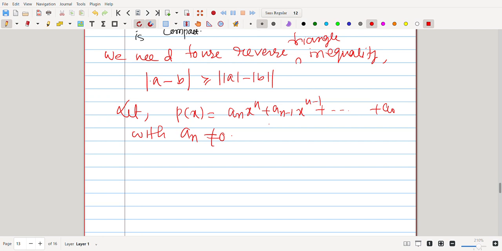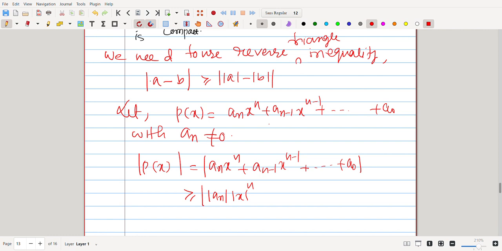Then mod p(x) equal to mod a_n x to the n plus a_{n-1} x to the n minus 1 and so on, is greater equal to mod a_n mod x power n minus the remaining terms.